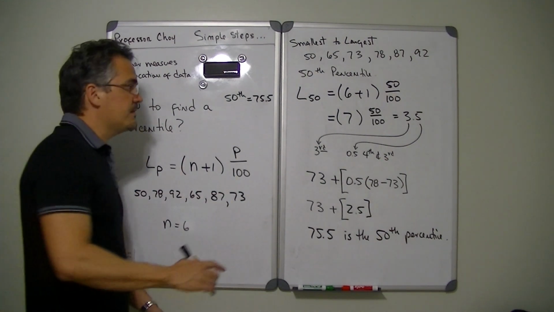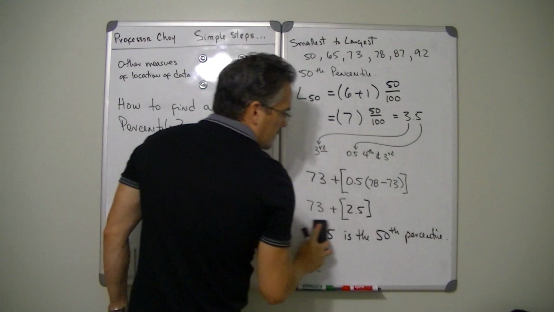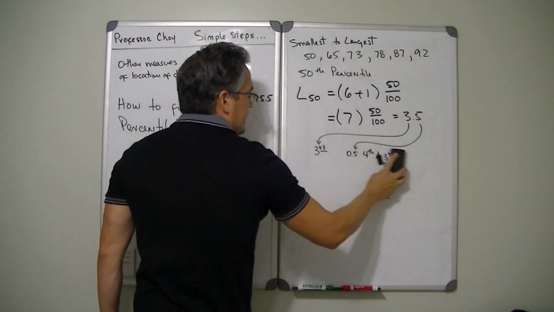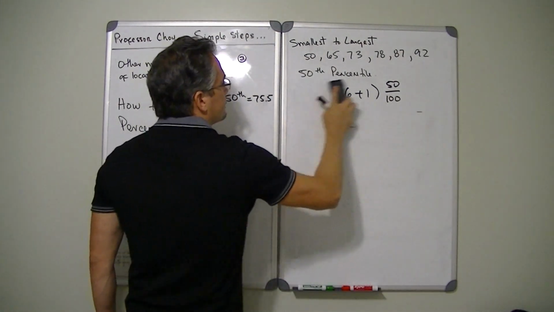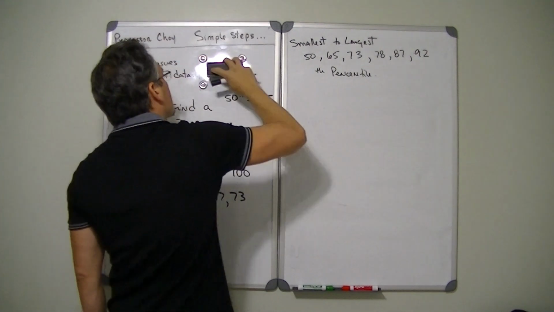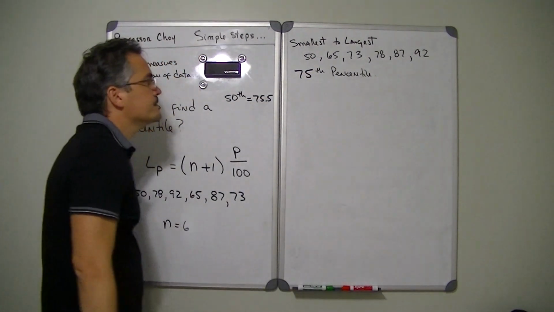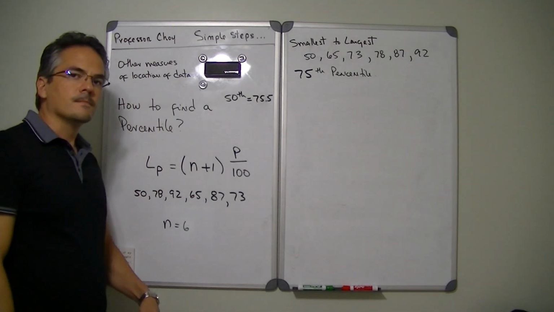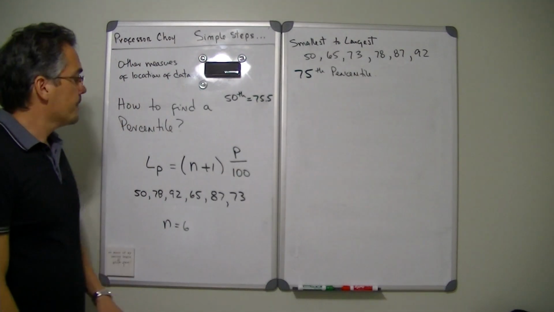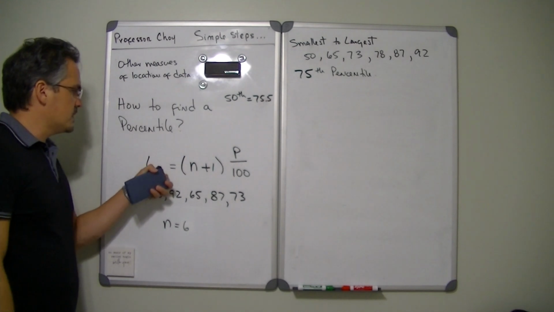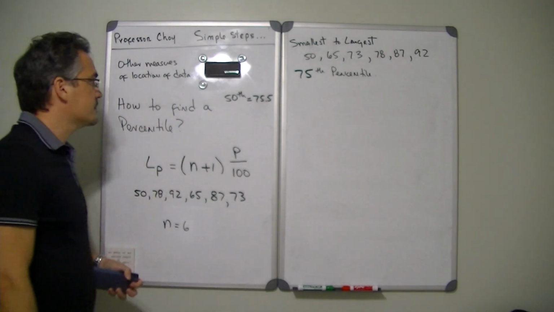Alright, let's calculate a different one. Let's say that we want to calculate the 75th percentile. Okay? So the 75th percentile. What we're going to do now, again, is substitute that P for 75.